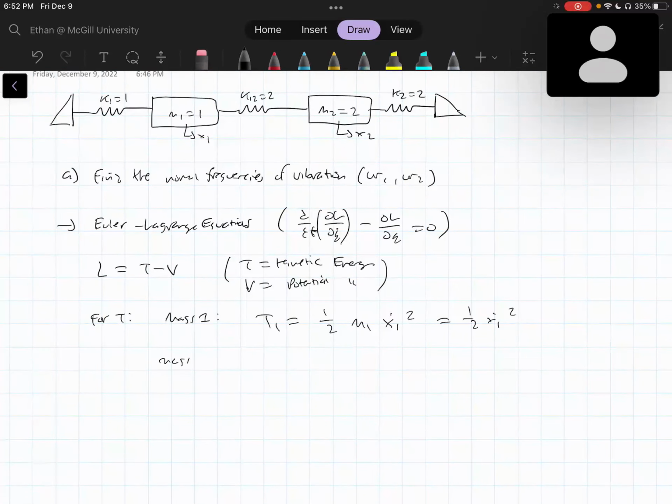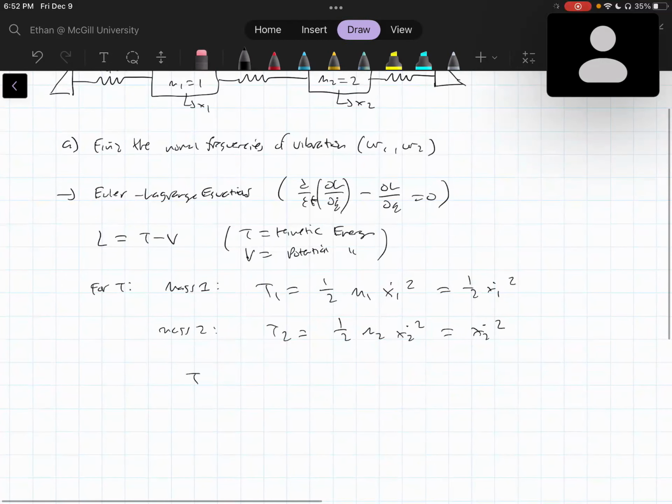And then for mass 2, T2 is equal to half 2 x2 dot squared, and since m2 is 2, that's just x2 dot squared. So T is going to be half x1 dot squared plus x2 dot squared.